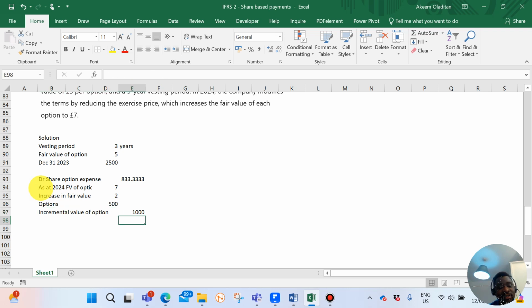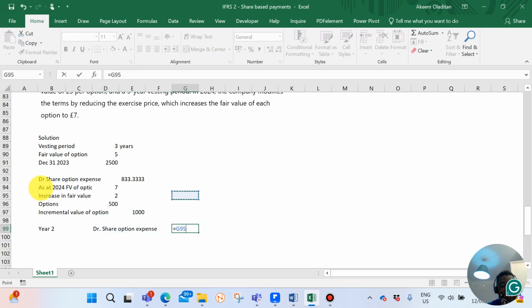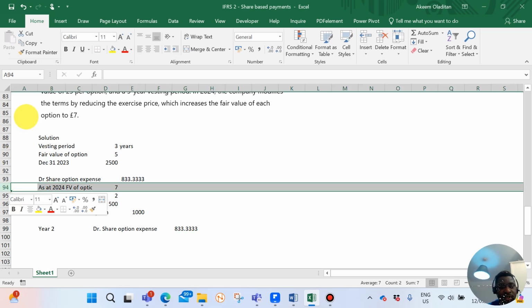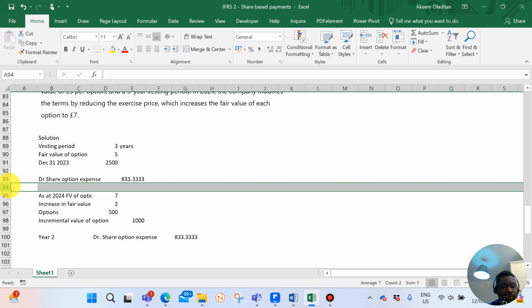So we now say that for year 2, after debiting share option expense of, because the first year we debited 833, I didn't credit, but let me just put the credit there so that I will not forget.